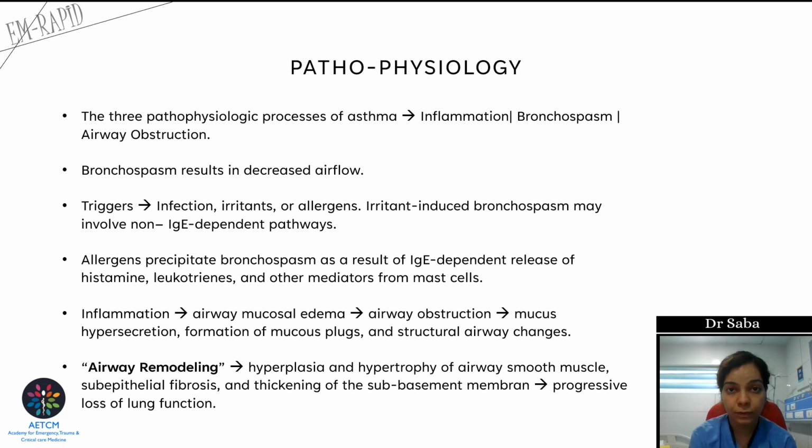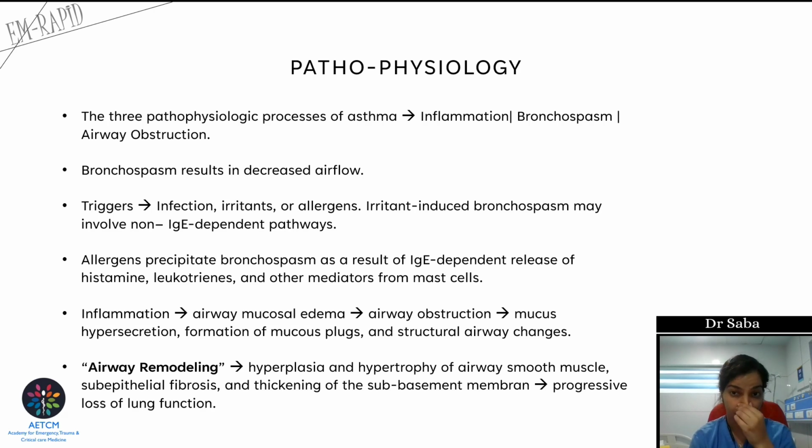Now, when we individually talk about these things, inflammation as such, these people are very prone to allergies and infections. Any of these can trigger an inflammatory cascade, and the child can end up with increased airway resistance.